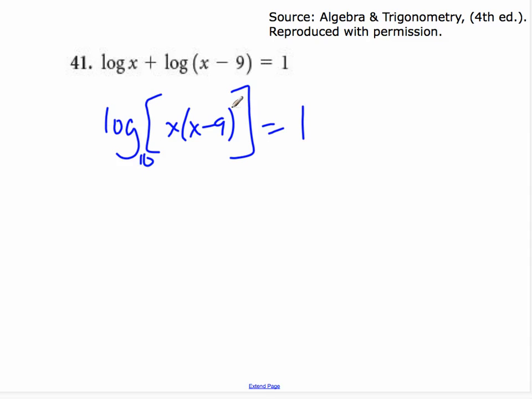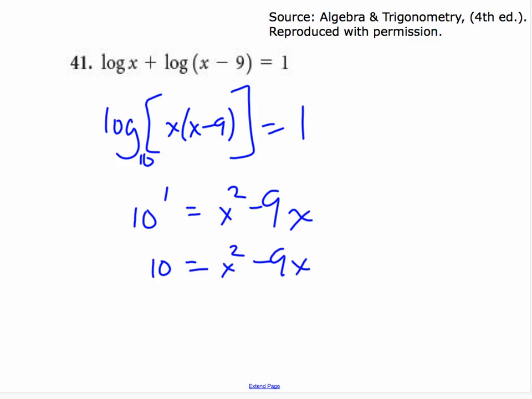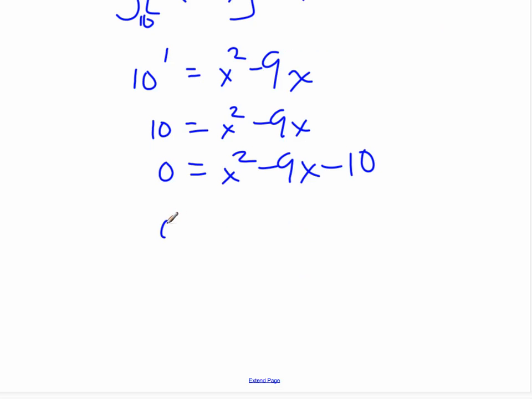So I could change from log form to exponential form. So it'd be 10 to the first is equal to x times x minus 9, or x squared minus 9x. 10 to the first is simply 10. Looks like a quadratic. Let's make it equal to 0, and then see if I can factor it.